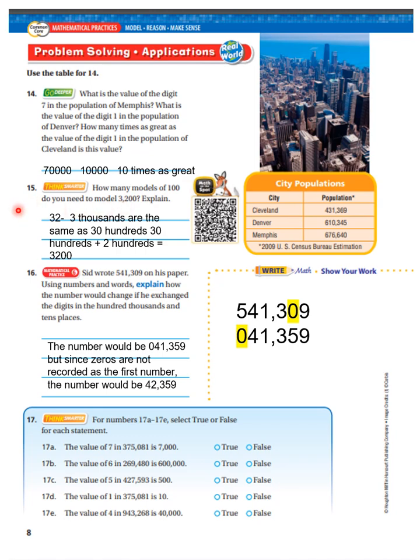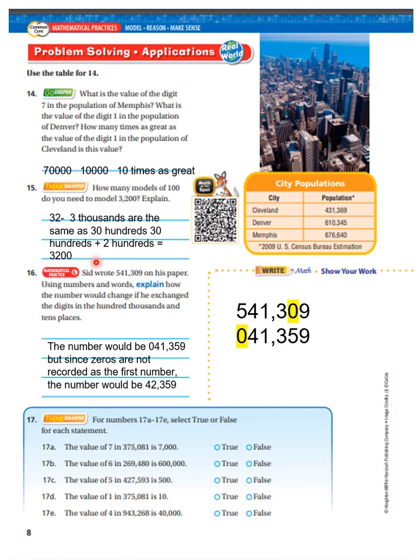How many models of 100 do you need to model 3,200? Explain. Well, you need 32. And one example would be 3,000s are the same as 30 hundreds. 30 hundreds plus 2 hundreds equal 3,200.